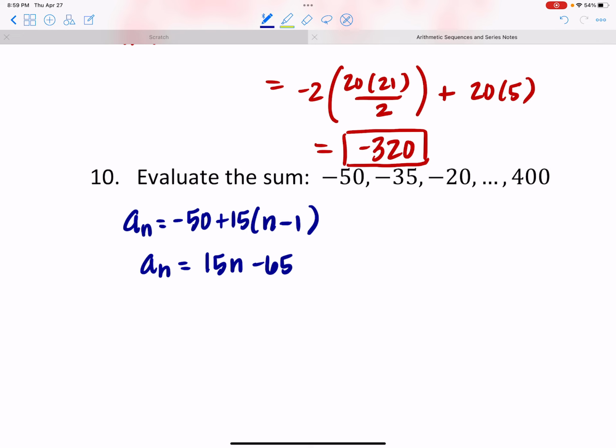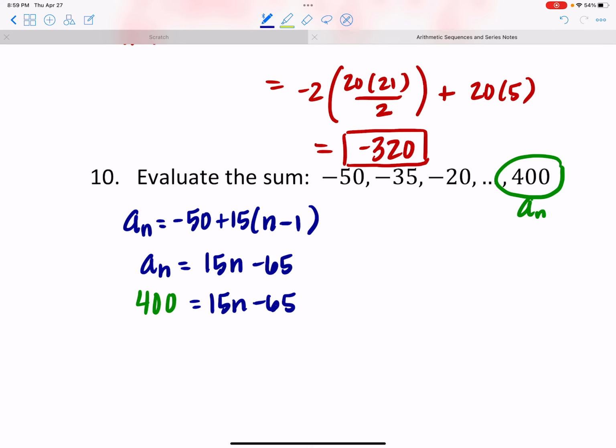This is going to help me find n. I don't know what n is, but I know a sub n, my last term, is 400. So I can take this last term, a sub n, whatever n is, and plug it in here. So if I put 400 in and leave the equals 15n minus 65, now I have an equation I can use to figure out what n is supposed to be.